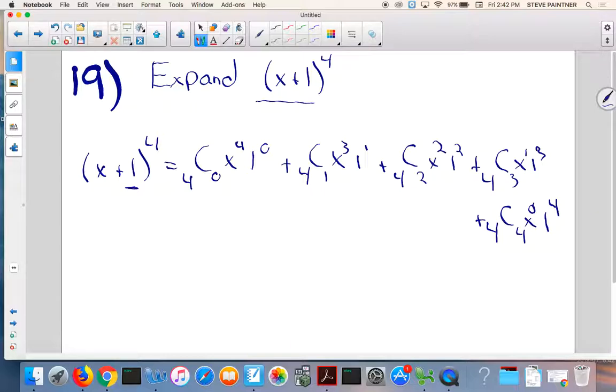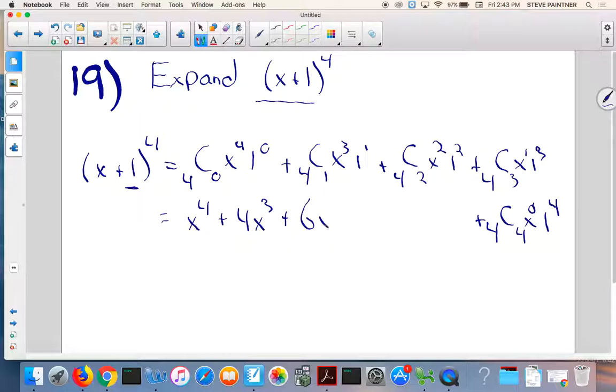So this is where the binomial coefficients come in, they're what's attached to the x terms, and in this case the 1s. So if you computed 4 choose 0, you would find that that's just 1. So you just get x to the fourth for the first term. 4 choose 1 is just 4 if you compute that, so you'd get 4x cubed. 4 choose 2 is equal to 6 if you compute that.